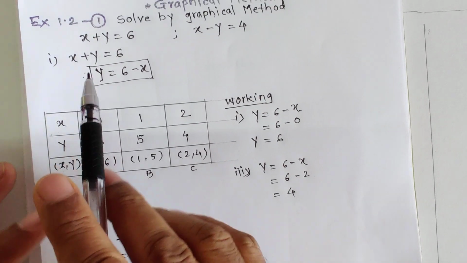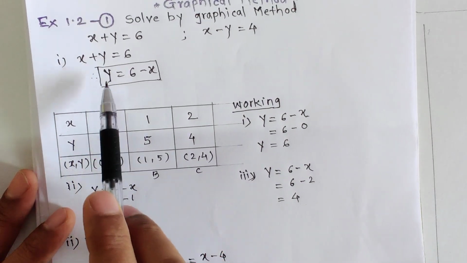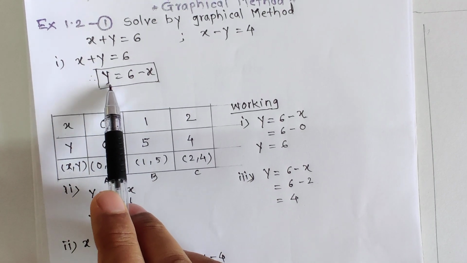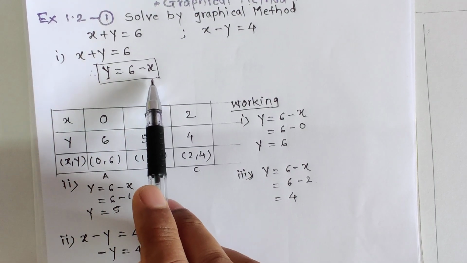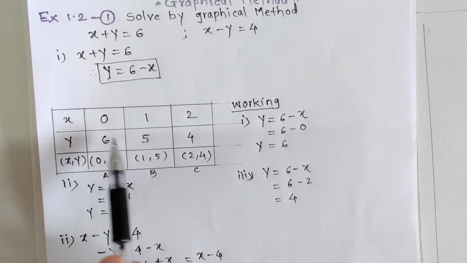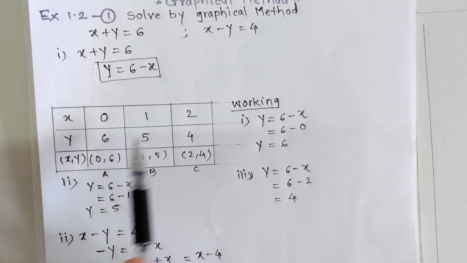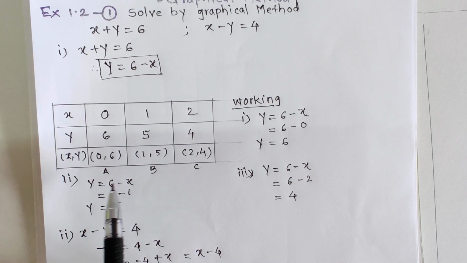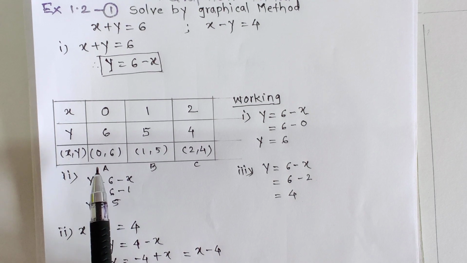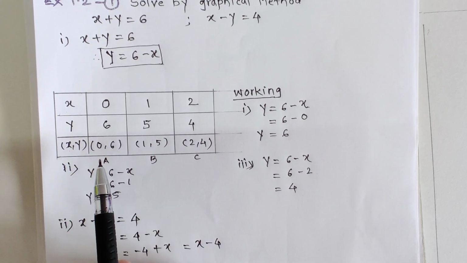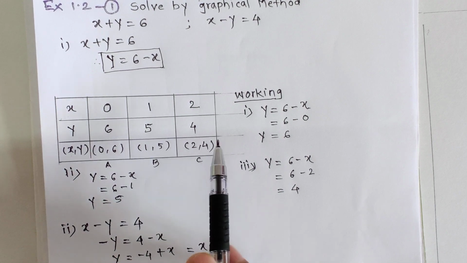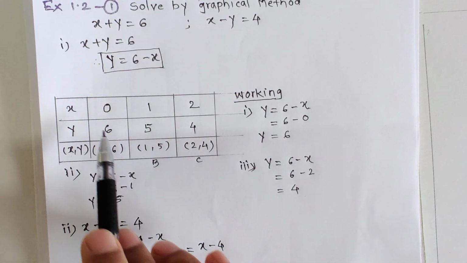Here, first simplify the first equation, get the formula y is equal to 6 minus x. Now prepare the table, select any three values of x, select the values in such a way that we get the smallest possible value of y. Now next calculate and find the value of y.